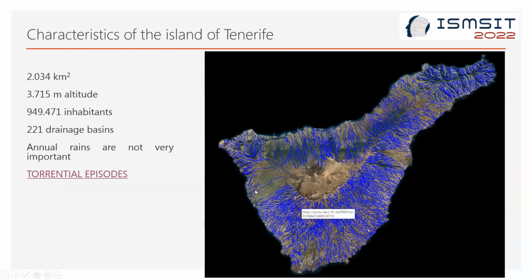On the island is the highest volcano in Spain, with an altitude above sea level of 3,715 meters. The island has a complicated orography with up to 221 drainage basins. The annual rains are not very important on the island, but torrential episodes like the one I want to show you in the following video, corresponding to February 2010, usually occur.